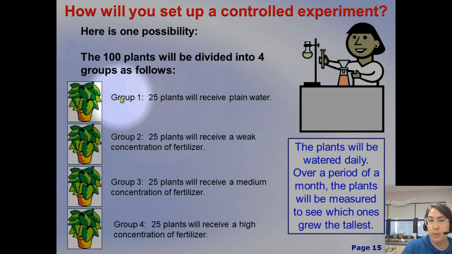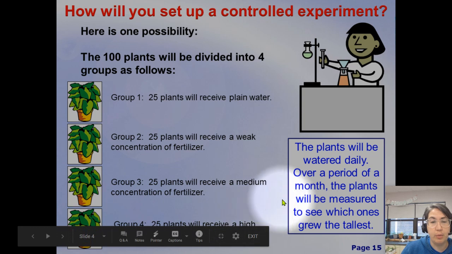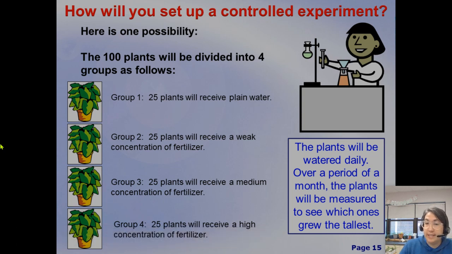My first group is going to be 25 plants that receive plain water, 25 plants that receive weak concentration of fertilizer, 25 plants that receive a medium concentration of fertilizer, and 25 plants that will receive a high concentration of fertilizer. The plants will be watered daily. Over a period of a month, the plants will be measured to see which ones grew the tallest.